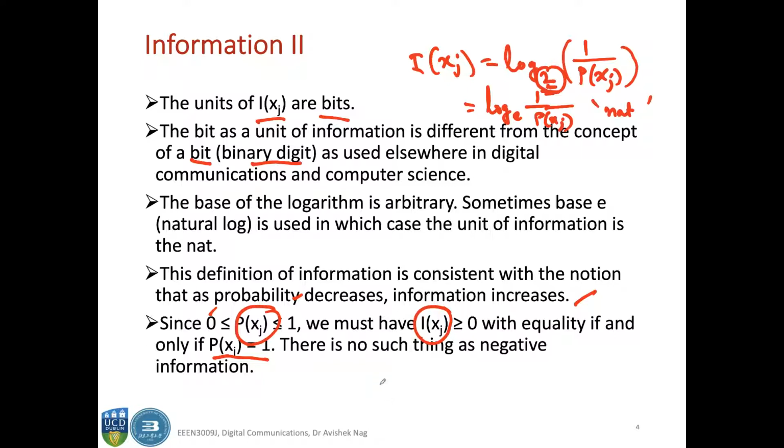There is no such thing as negative information. All of this comes from this definition of information, which is defined in terms of the logarithm of 1 over probability.